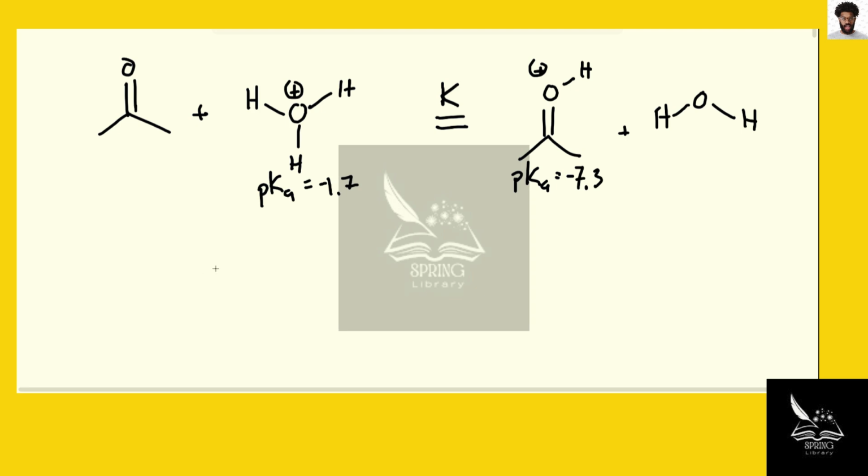And in fact, that equilibrium constant K is equal to 10 to the pKaH of the conjugate base, so this is the conjugate base, minus the pKa of the acid.